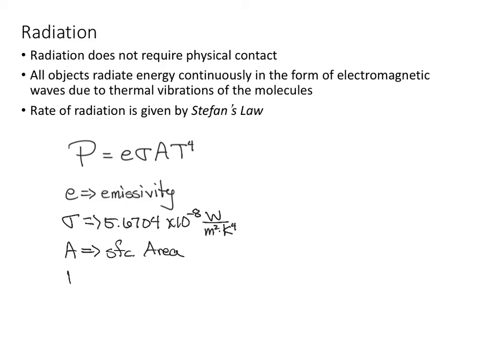And then T is the temperature, again, in kelvins. And it's very important that your temperature be in kelvins here. And what we see is that larger objects radiate more energy, and hotter objects radiate more energy.